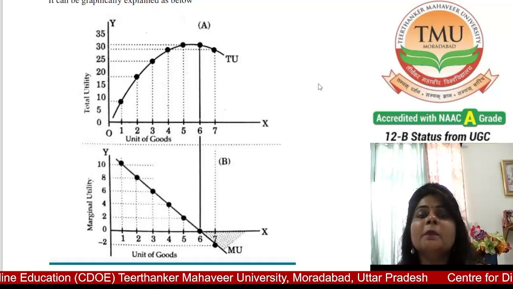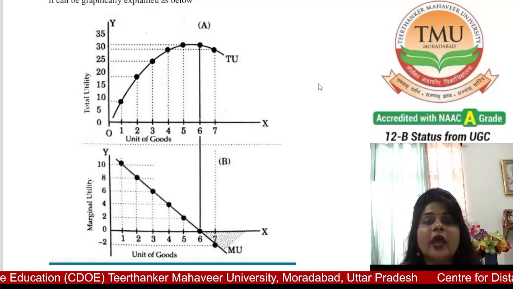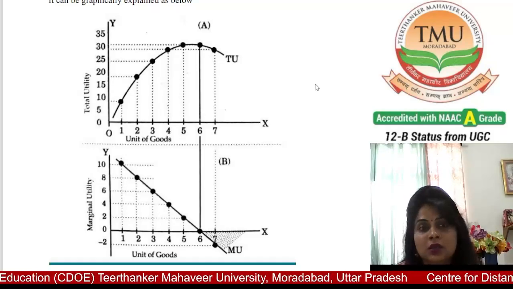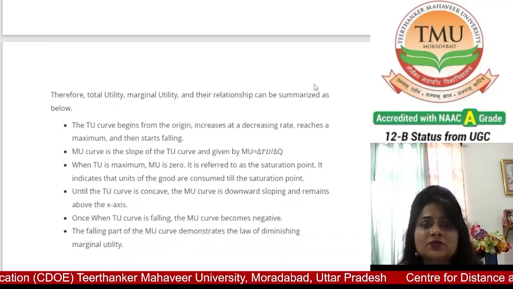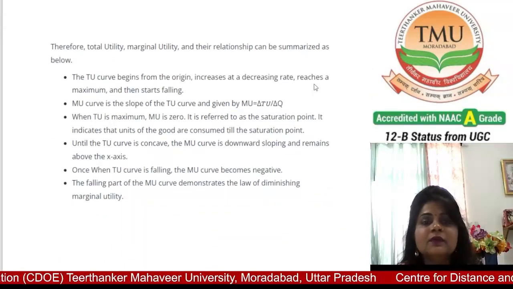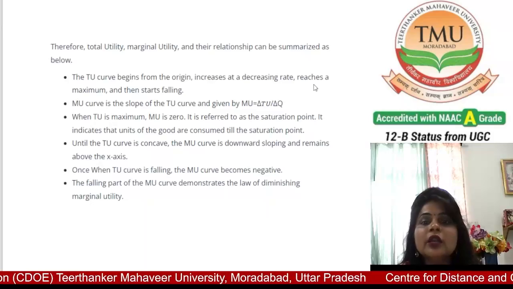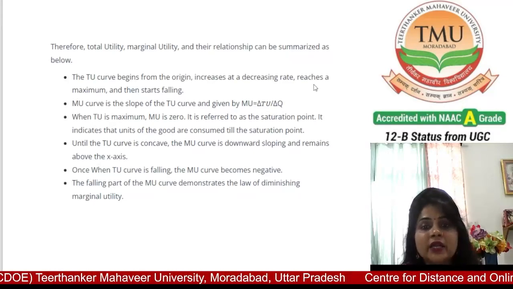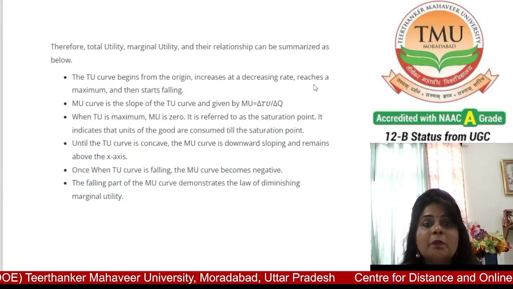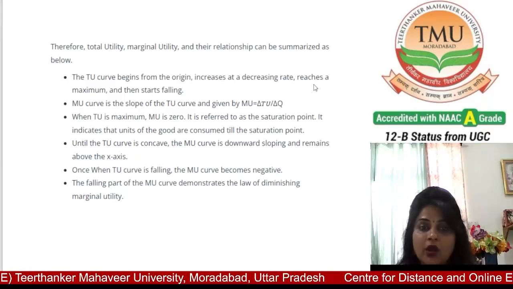Therefore, total utility and marginal utility and their relationship can be summarized as below. Here, the total utility curve begins from the origin, increases at a decreasing rate, reaches a maximum and then starts falling.